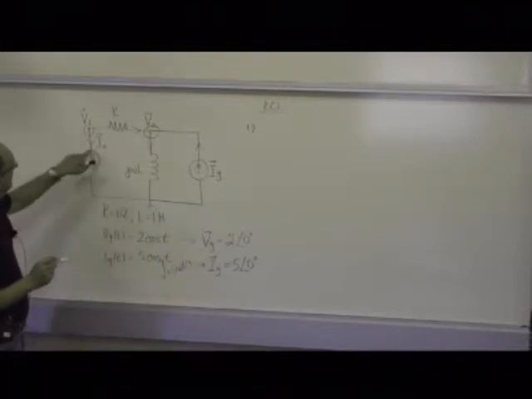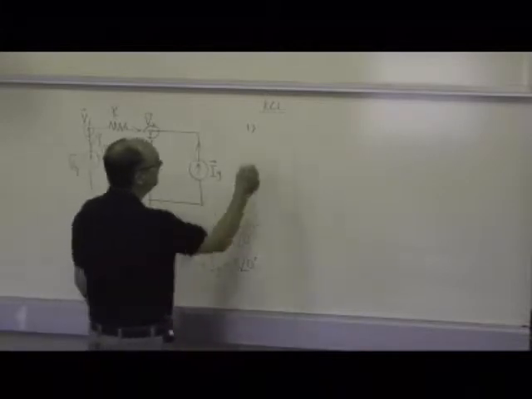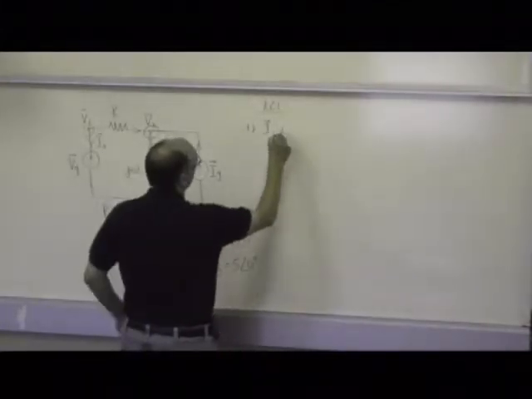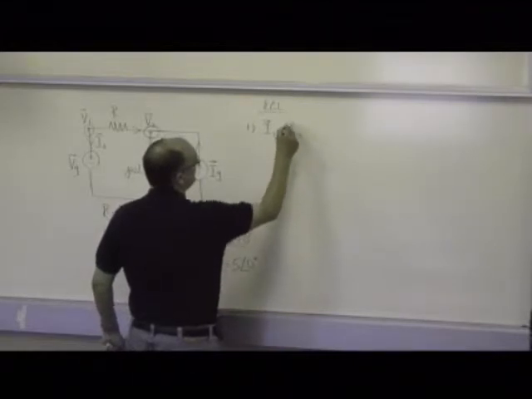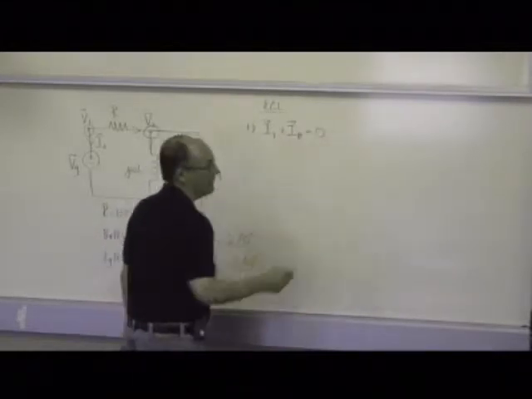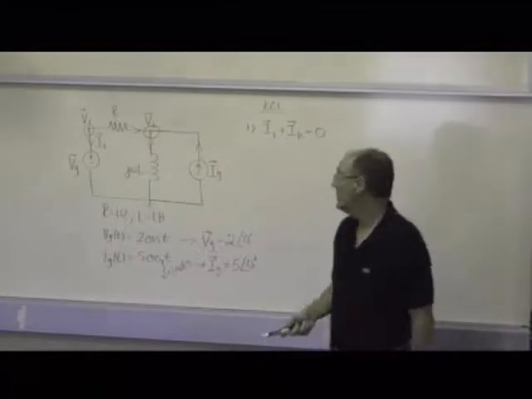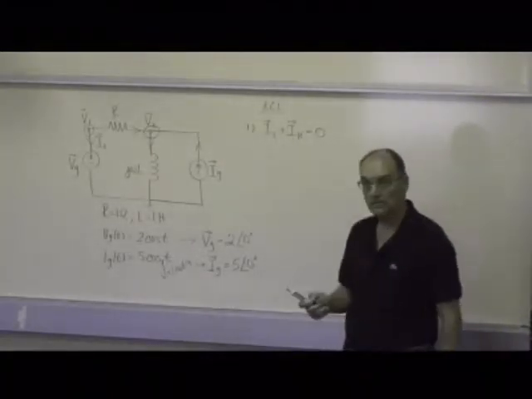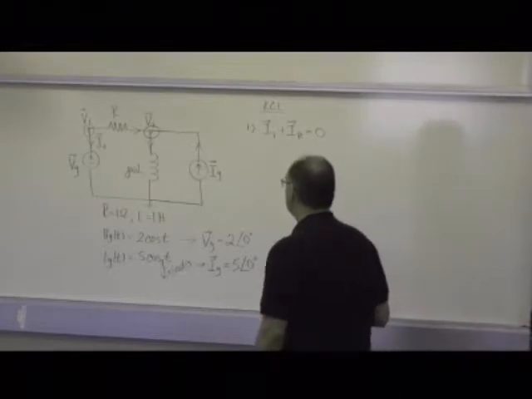So what we're going to have here is I1 going out, so coming with a plus, and IR going out as well. That's the convention that I like to use when I write Kirchhoff's current law. So if a current goes out, then you take it with a plus. If it goes in, you take it with a minus.